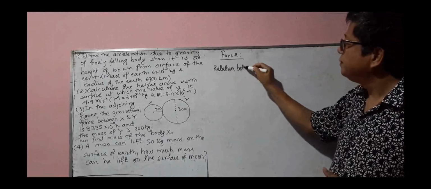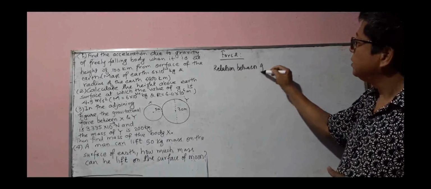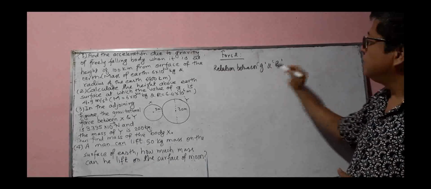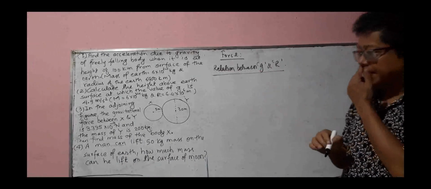Relation between acceleration due to gravity denoted by g and radius of Earth r.